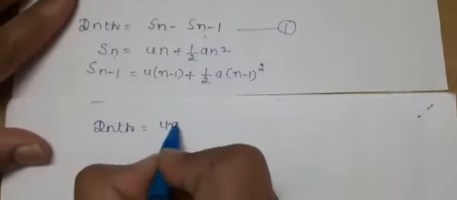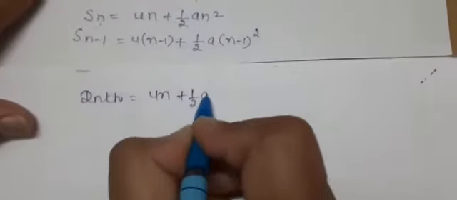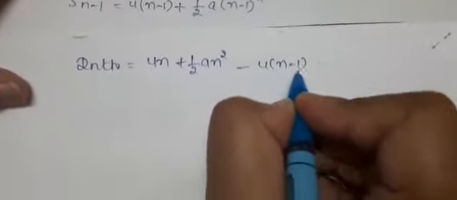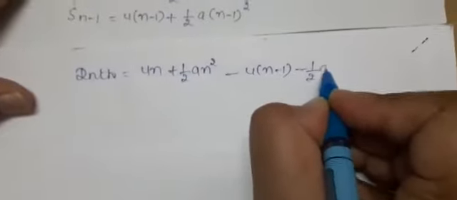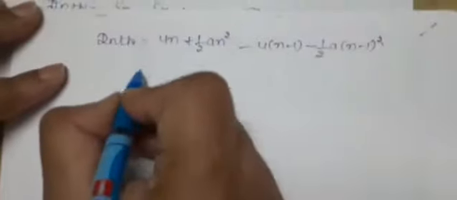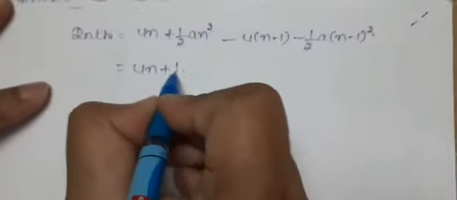So dnth is un plus half an square minus u(n minus 1) minus half a(n minus 1) square. Just we have substituted the values. In the next step, you have to simply solve it. Now this is all mathematical steps.